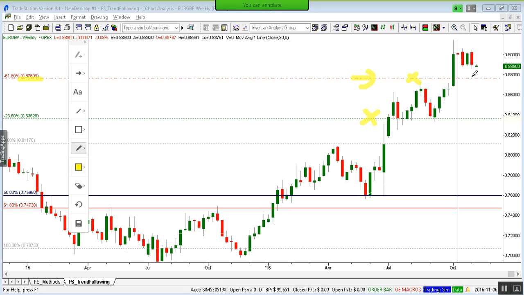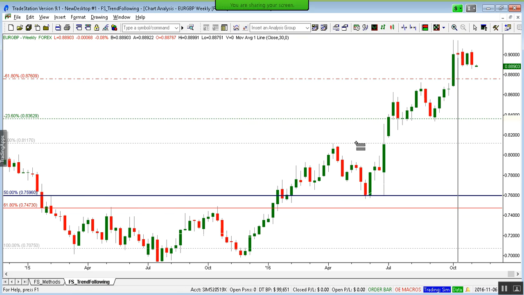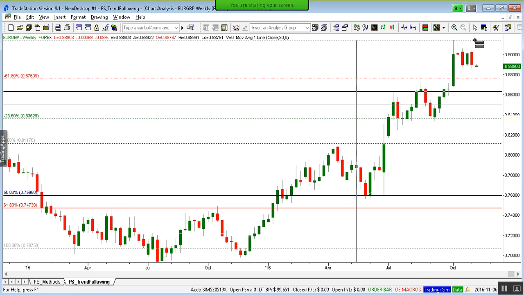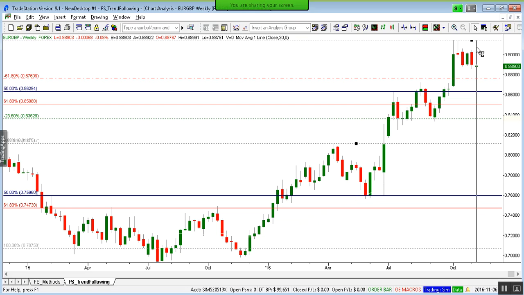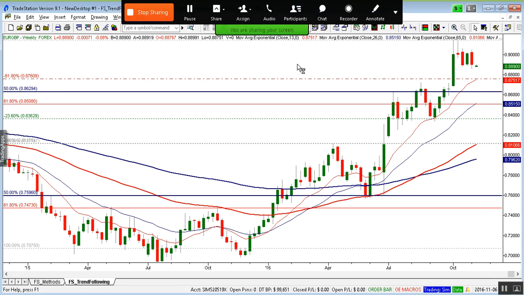Markets do not just continue higher forever. So this market has a possibility to retest the next area of long support, if that's the case, and that area is coming due here at 086.30.